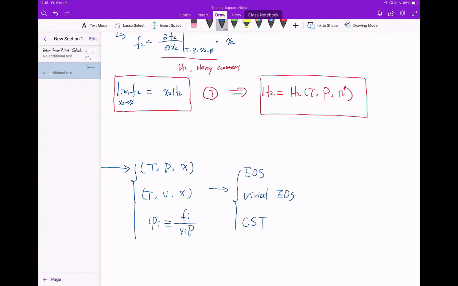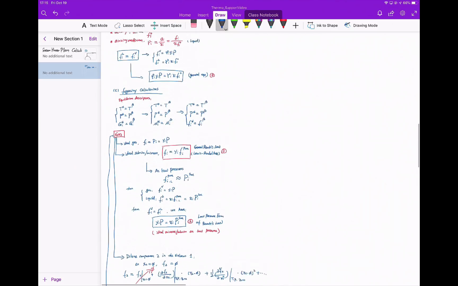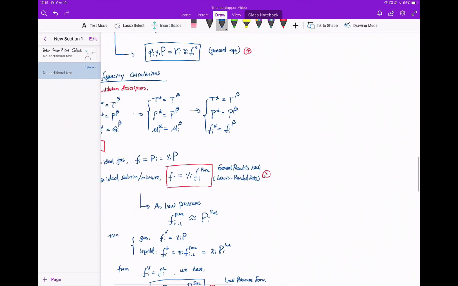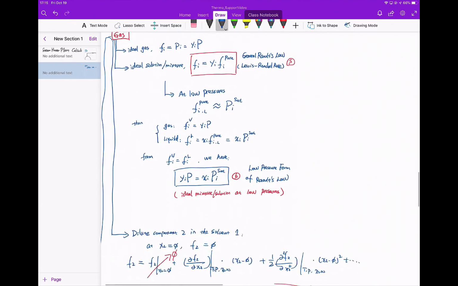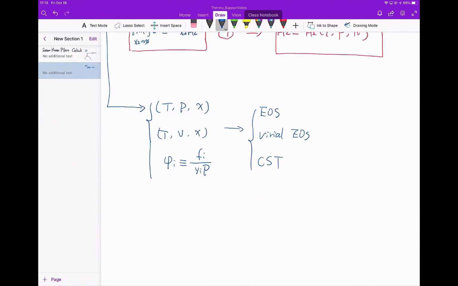This is for the gas. And how about for the vapor? No, for the liquid. Right. For the liquid, we try to have a discussion as the following.